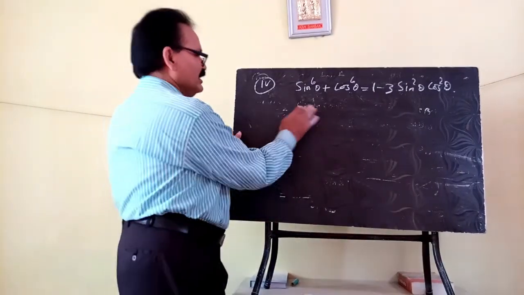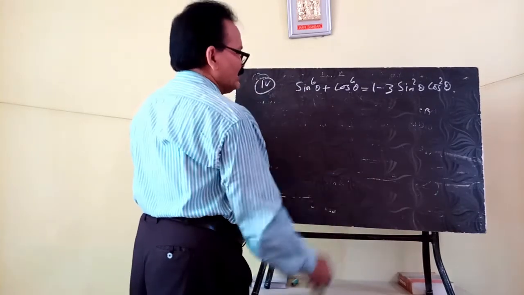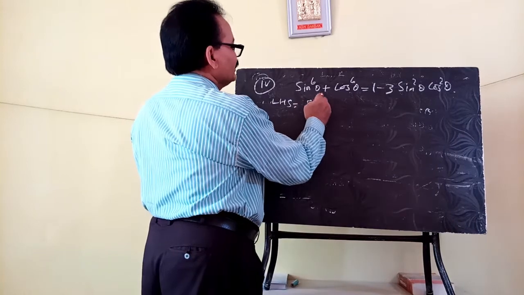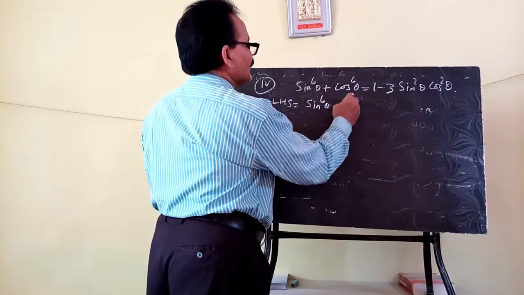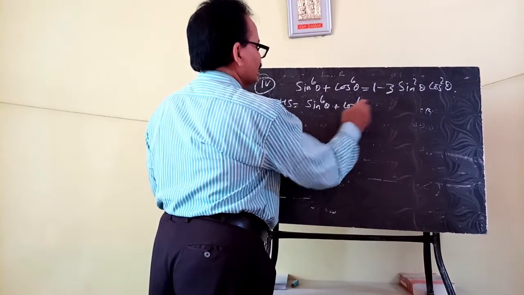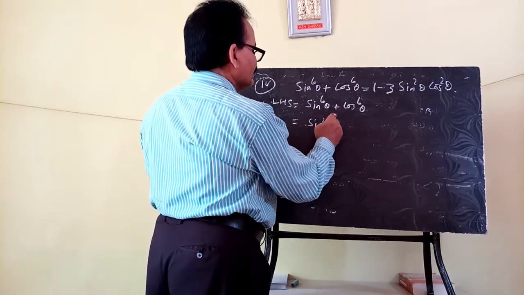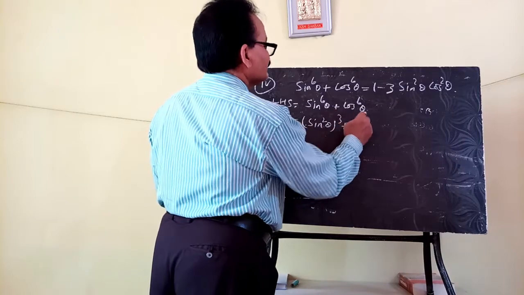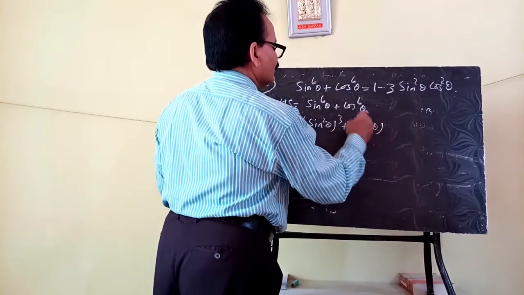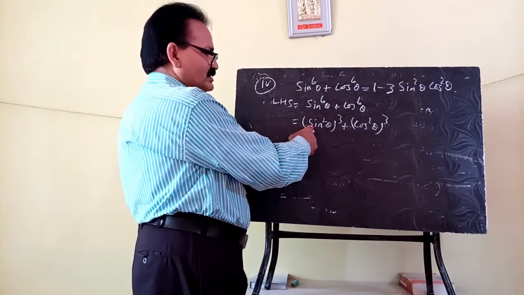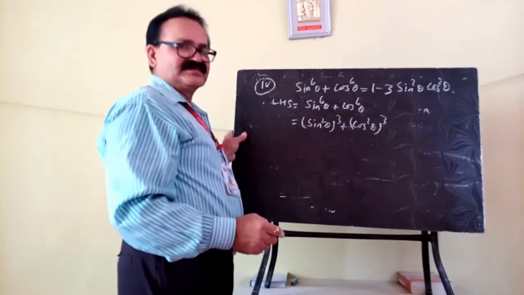Again here also you have to start with your LHS, that is sin to the power 6 theta plus cos to the power 6 theta. So this can be rewritten as sin square theta whole cube plus cos square theta whole cube, because a square whole cube is your a to the power 6.